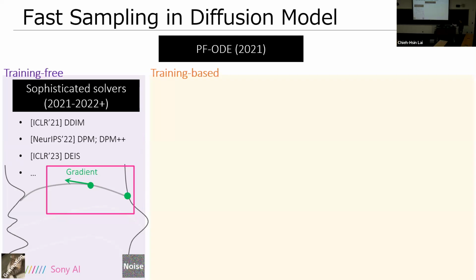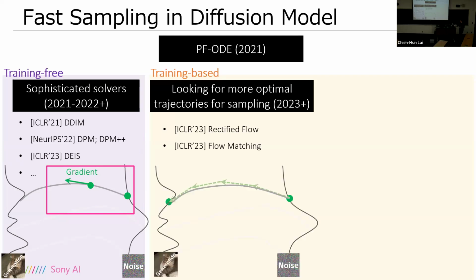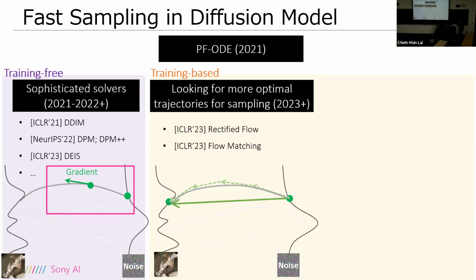All right. The other one is training based. It includes two different directions. The first one is how to make your diffusion generation trajectory more optimal for sampling. What I mean is, for example, if we can make this sampling trajectory more straight, then you can use fewer steps for the solver to do the generation, or solve the ODE.